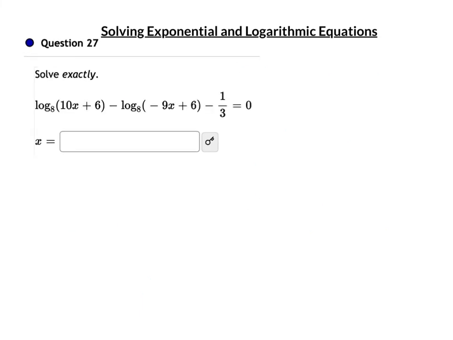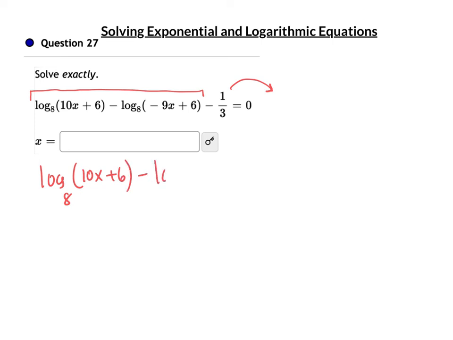Question 27. This one looks a little crazy. I'm thinking we need to get this by itself on one side so that we can combine it. Let's move this over here. And we have the log base 8 of 10x plus 6 minus the log base 8 of negative 9x plus 6 equals 1/3.